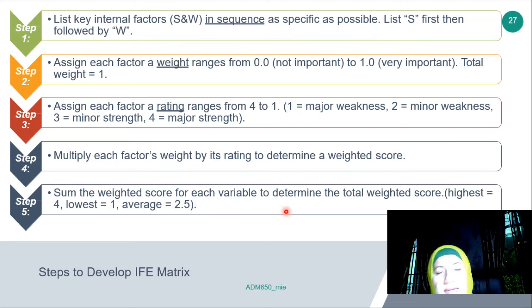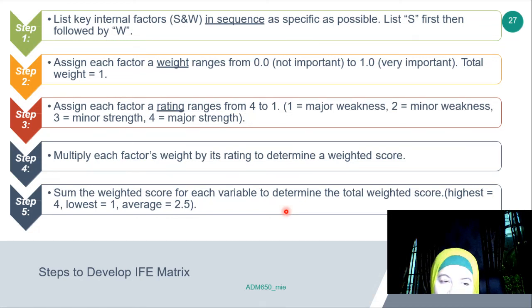Thirdly, for each factor you assign a rating ranging from 4 to 1: 1 is a major weakness, 2 a minor weakness, 3 a minor strength, and 4 a major strength. Then you multiply weight times rating to determine the weighted score, and sum the weighted scores for each variable to determine the total weighted score.